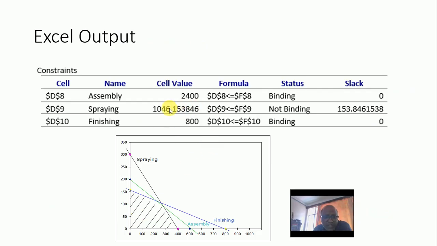So it's just telling me, by looking at this column here, this is the value that is new to me. These two were seen before. This is new to me. So I knew this spraying time allocated to me was too much. I've only needed 1046, and the extra is the 153 spare hours that I had.